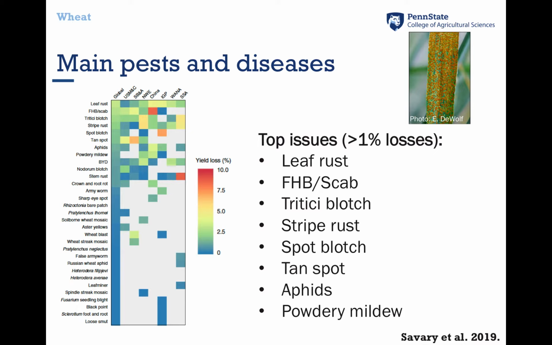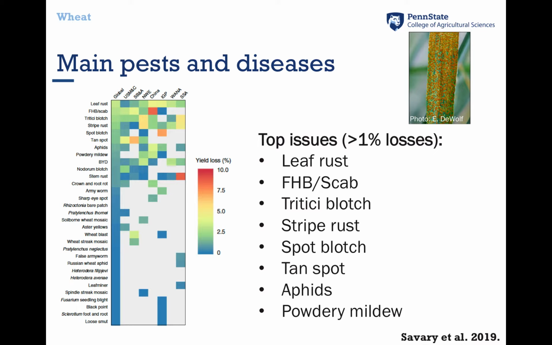For the wheat, in this respect, you can see wheat issues. Our hotspot detection was much wider than some of the other crops across most of these hotspots. So you have a combination of leaf rust, the FHB or scab, tritici blotch, stripe rust, spot blotch, tan spot, the aphids, and powdery mildew also.